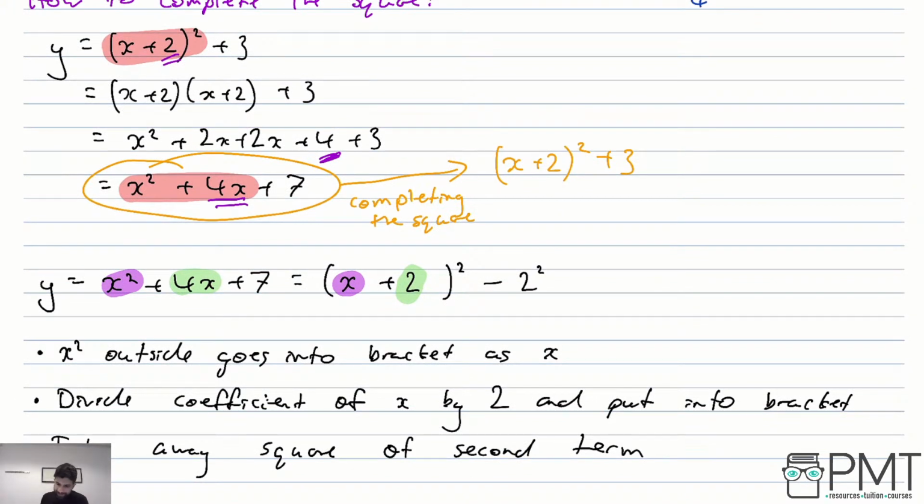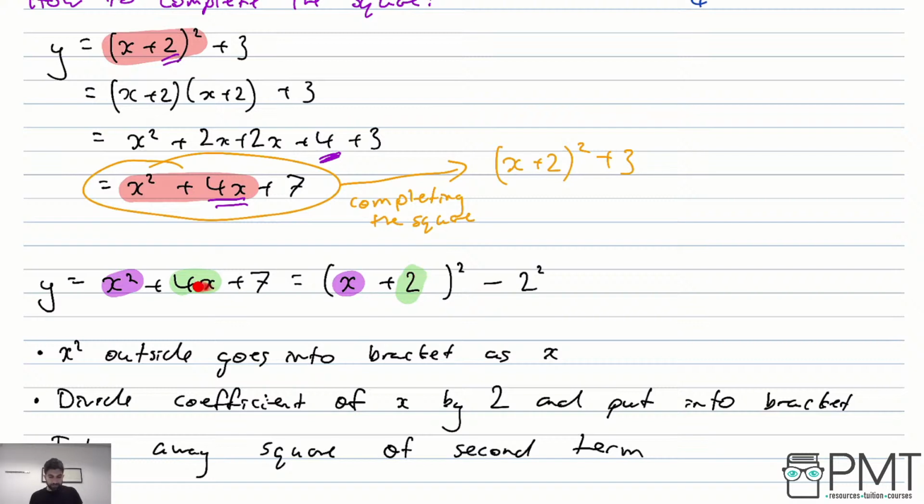So let's see if we have this expression. Are these the same? What we have done is, if you look at this one, I have basically taken care of the x squared term and the 4x term, but I haven't really done anything to the plus 7, because what I'm saying is this term squared will become the purple one that's outside there.